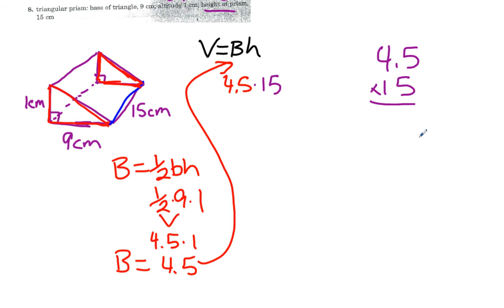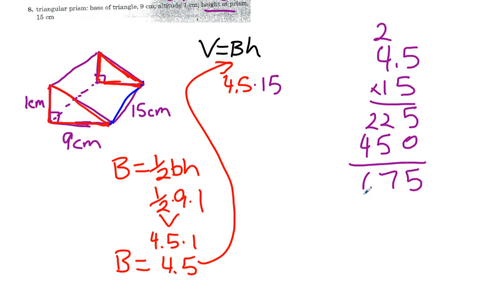We're going to be so good at multiplying when we're done with this. We only have one decimal place here. So we get 67.5. So our volume is 67.5 centimeters, our unit, cubed because it's volume.